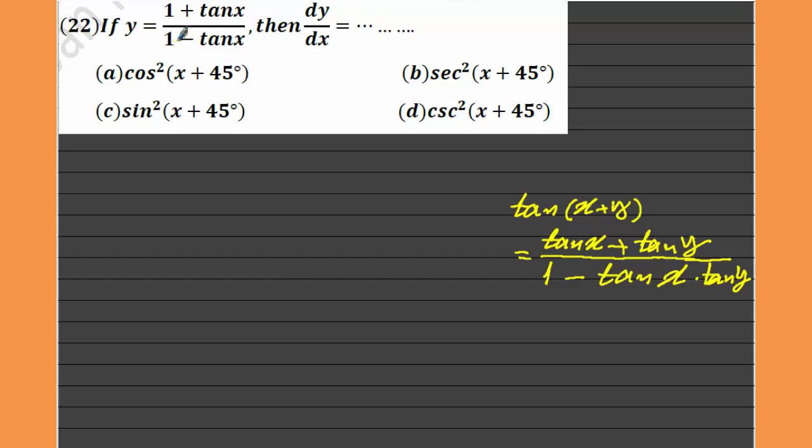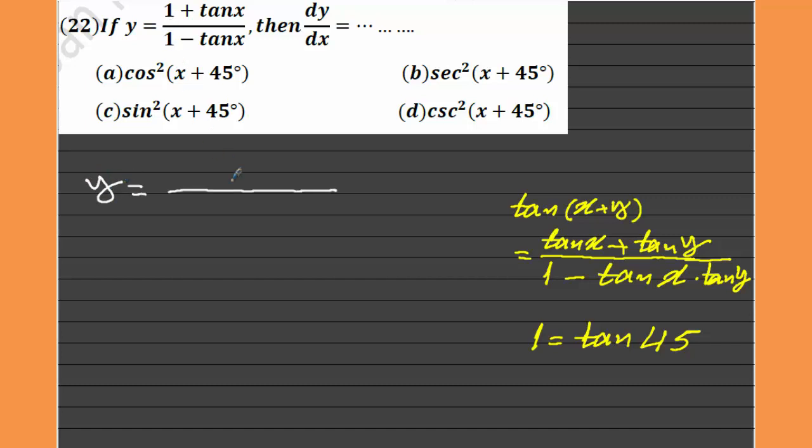Now, back to the question here. We can consider 1 equals tan 45, because we have 45 in every choice here. So instead of y equals 1 plus tan x over 1 minus tan x, I can write it in this form.